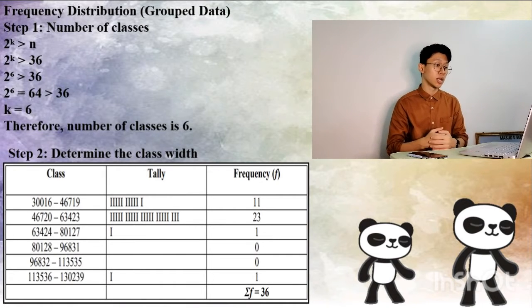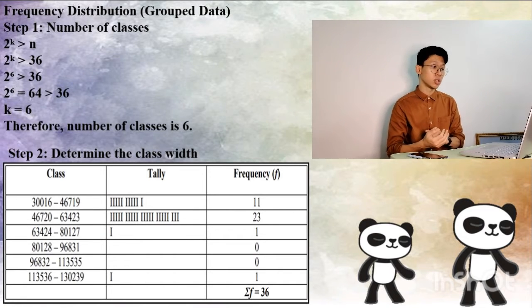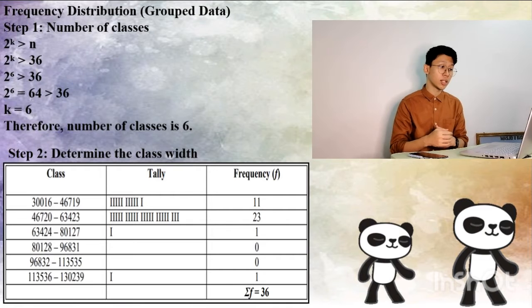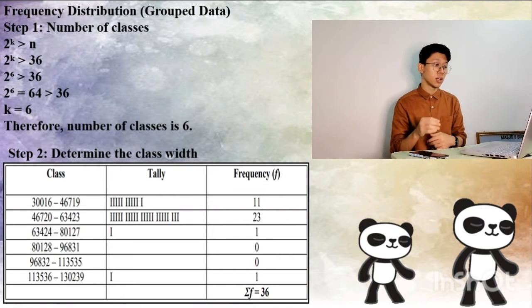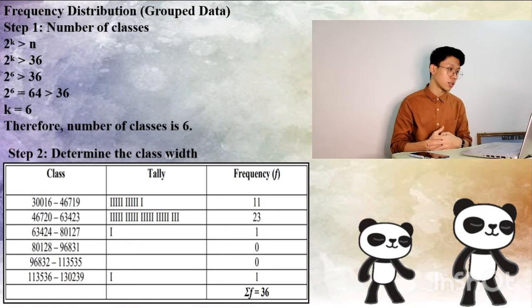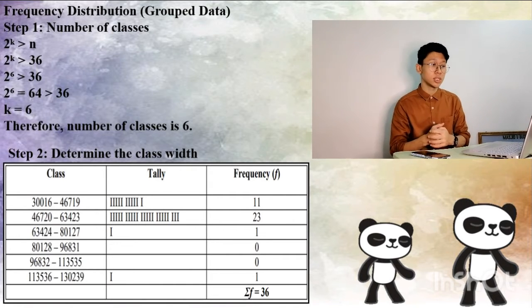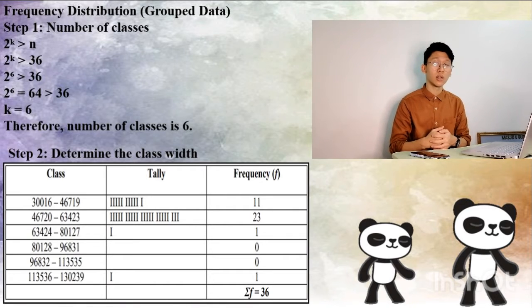And then I use the second step, which is determine the class width, using the formula maximum entry minus minimum entry divided by number of classes. After I got the class width, I make a table with frequency in it, which is first class 11 frequency, second class 23 frequency, and so on.